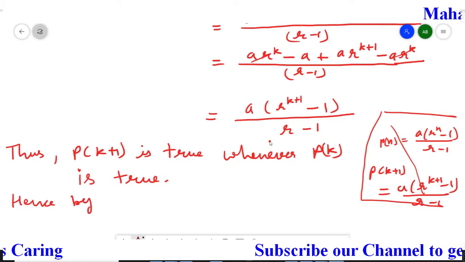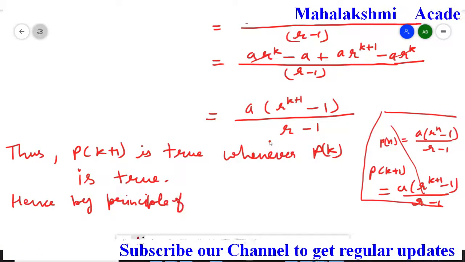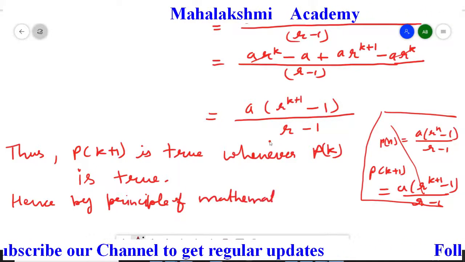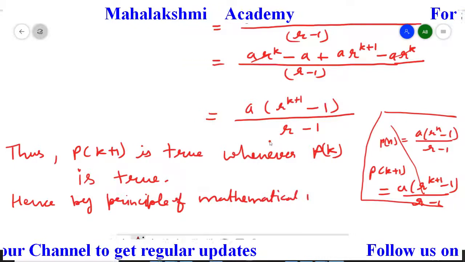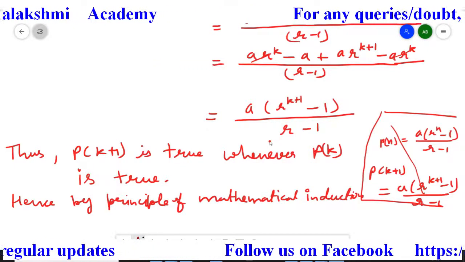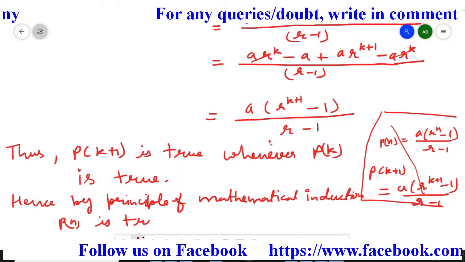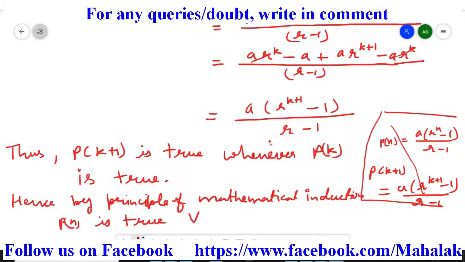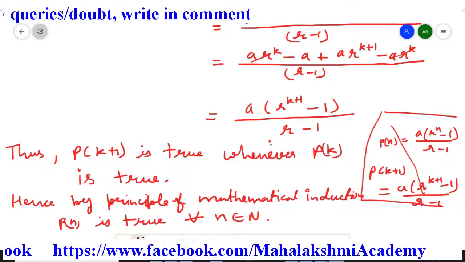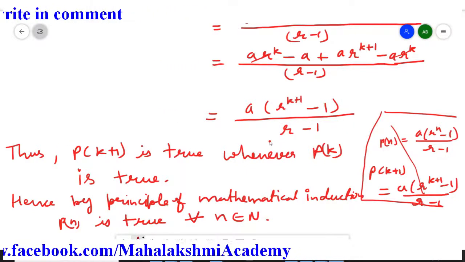Hence, by principle of mathematical induction, statement Pn is true for all n belongs to capital N. So this is the symbol for all. So it's completed. So I hope this question is clear to you.